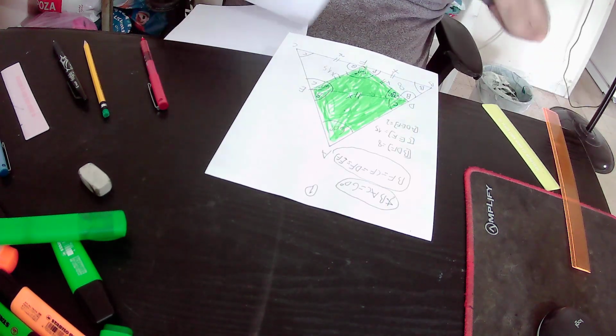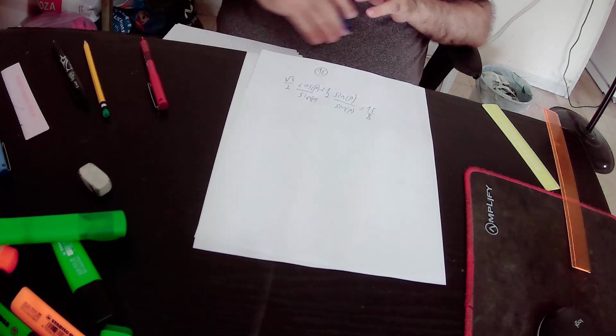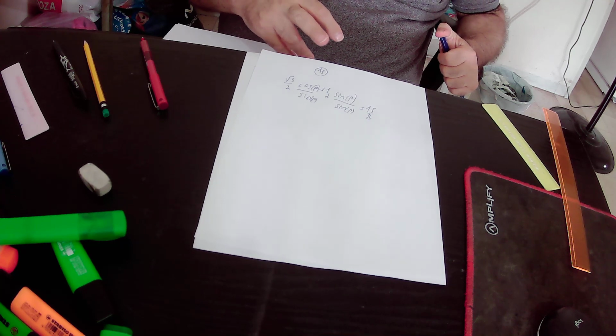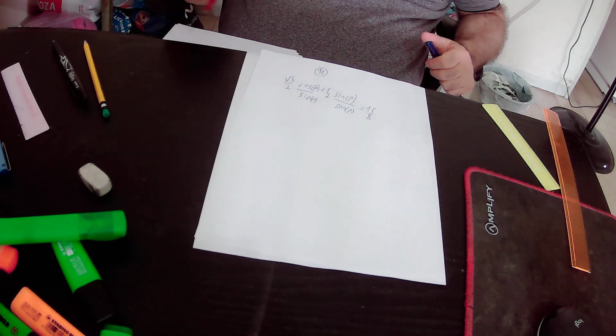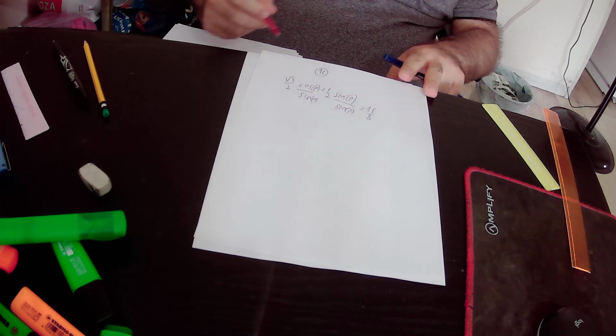Okay, so in total we got this equality. Root 3 over 2 cosine p over sine p is cotangent p, and sine p over sine p is 1, so sine p is cancelled.